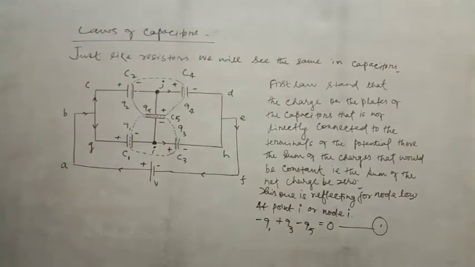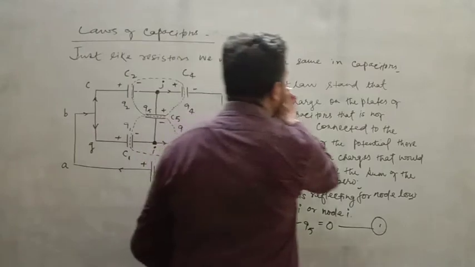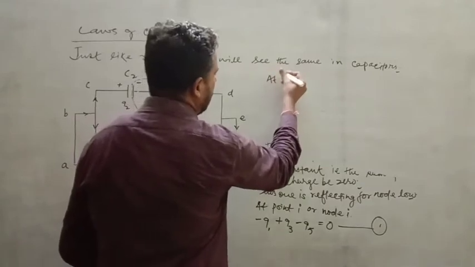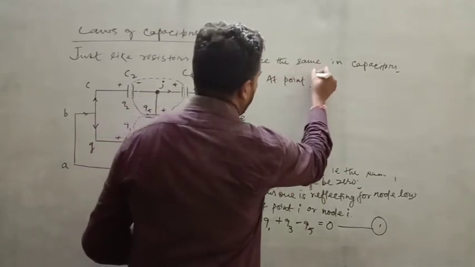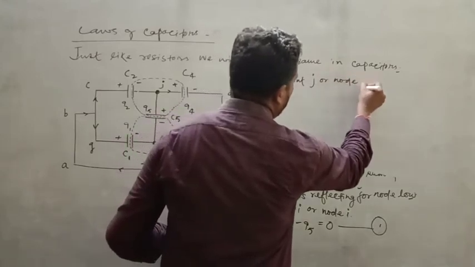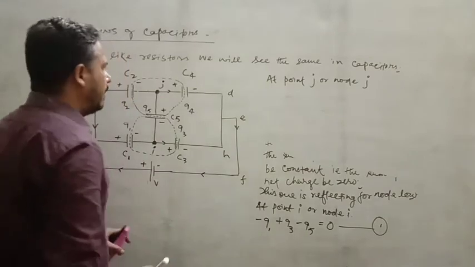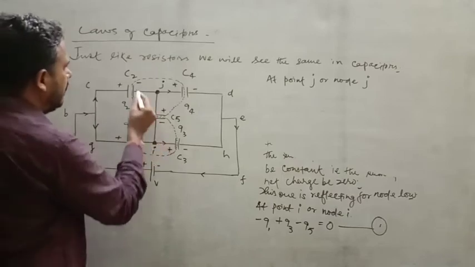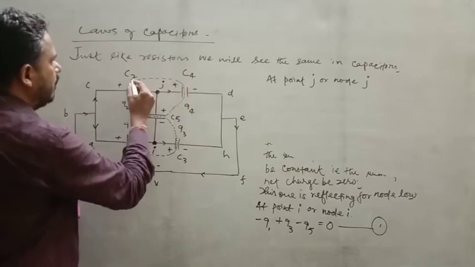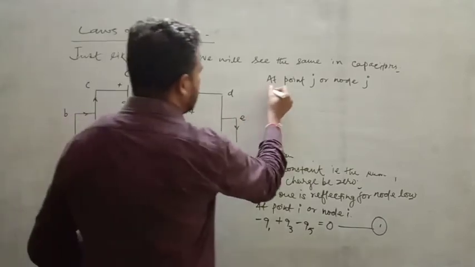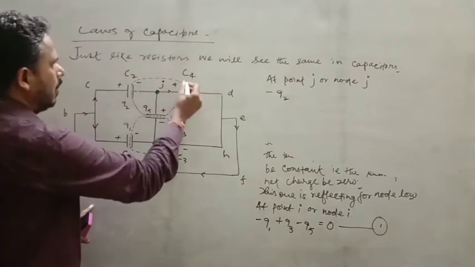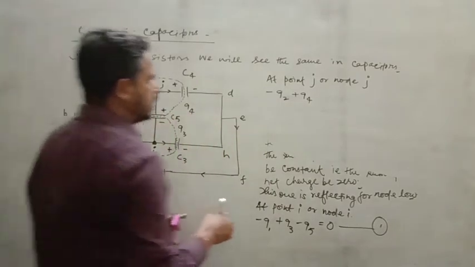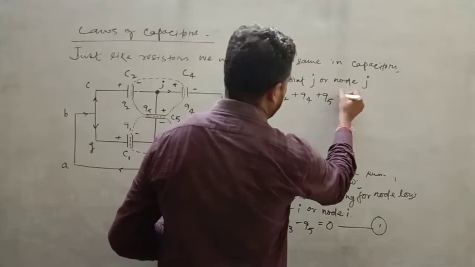Okay, so accordingly at node J, what you can see at this point about these three plates: here you are getting minus Q2, now Q4 positive, so plus Q4, and from here Q5 positive, plus Q5, and this is equal to 0.